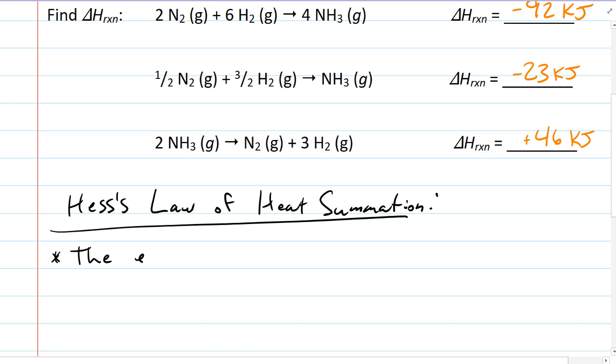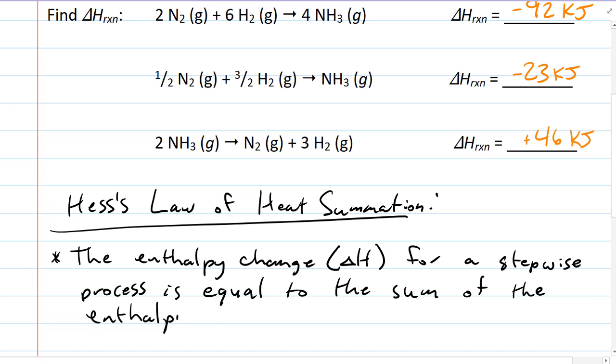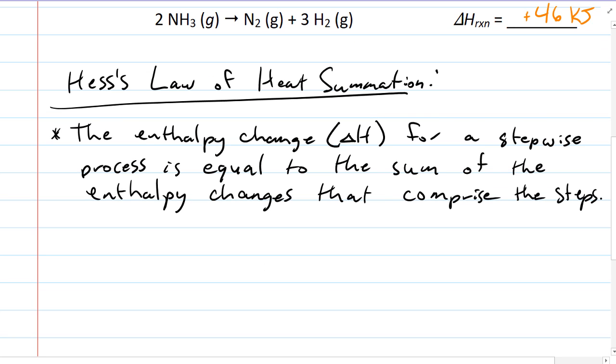It says that the enthalpy change, delta H, for a stepwise process is equal to the sum of the enthalpy changes that comprise the steps.